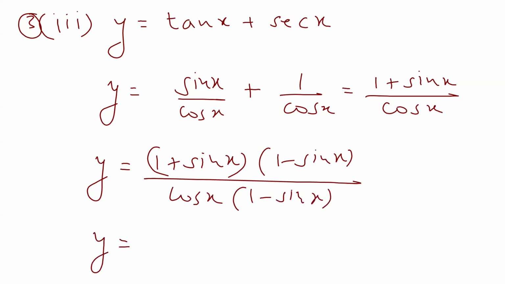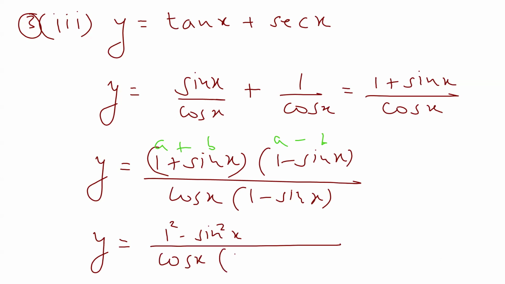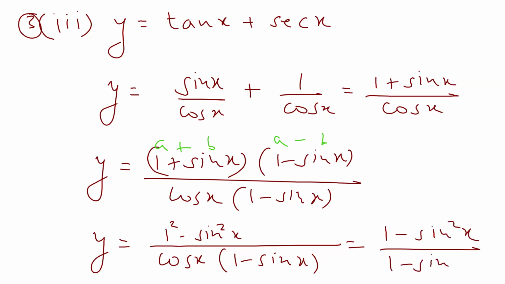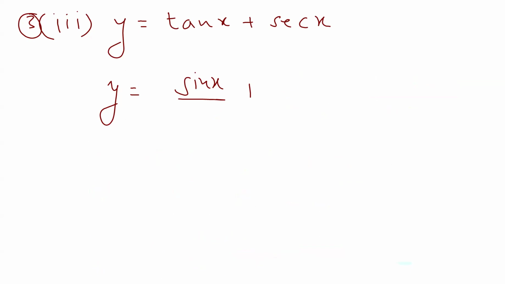So y is equal to, now look over here. This is a plus b into a minus b. So a plus b into a minus b is a square minus b square, upon cos x into 1 minus sin x. So this in turn is 1 minus sin square x upon cos x into 1 minus sin x.